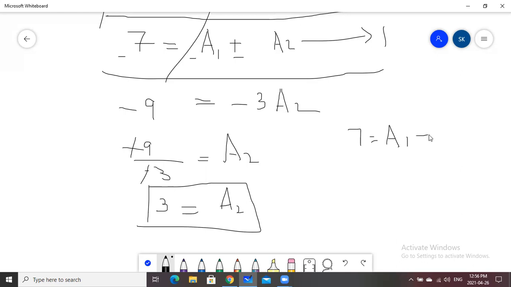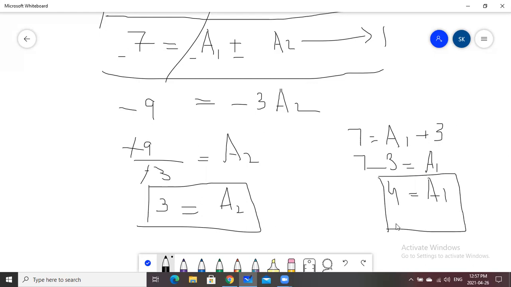So let's substitute the value of a2, that is equal to 3. 7 minus 3 is equal to a1, and therefore 7 minus 3 is equal to 4. We get the value of a1 to be equal to 4. Now we have both the values: a1 is equal to 4 and a2 is equal to 3.